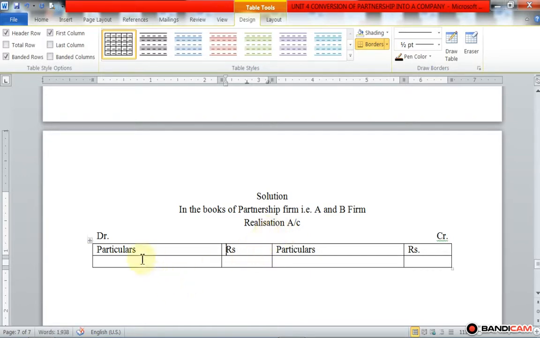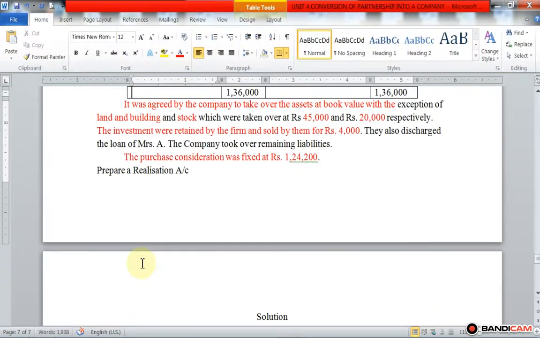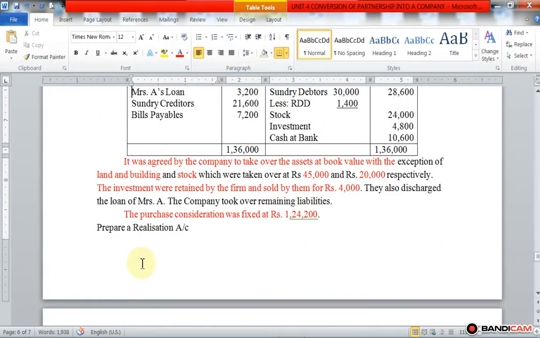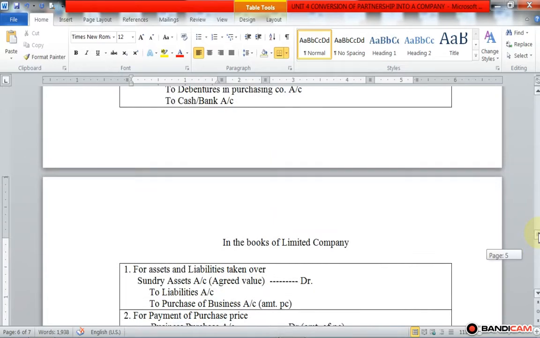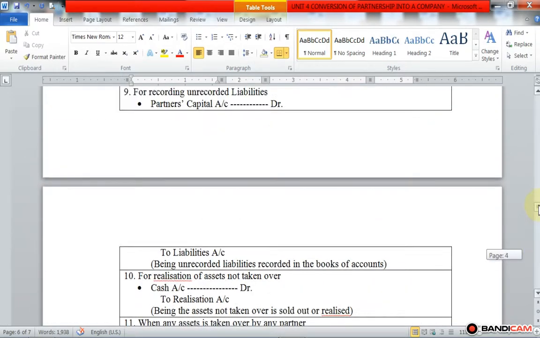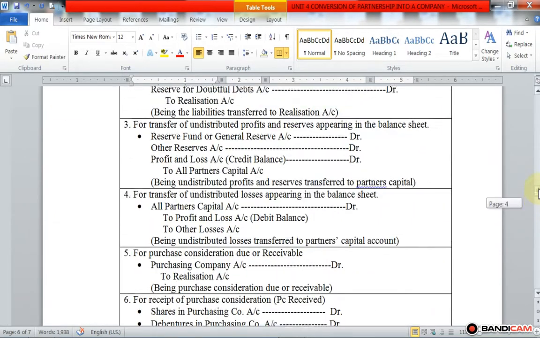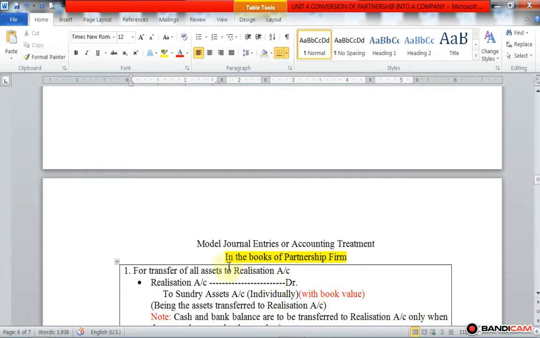Okay, here the first entry is transfer of all assets to the realization account. Remember the accounting treatment in the books of accounts. Again we revise here before solving the problem. So the first entry in the books of the partnership firm is transfer of all assets to the realization account.